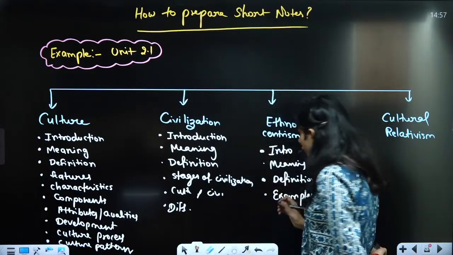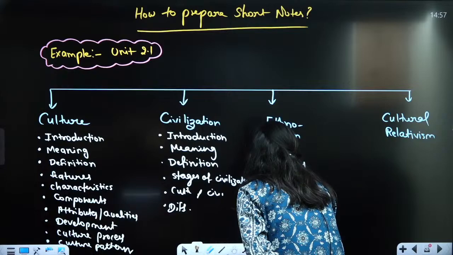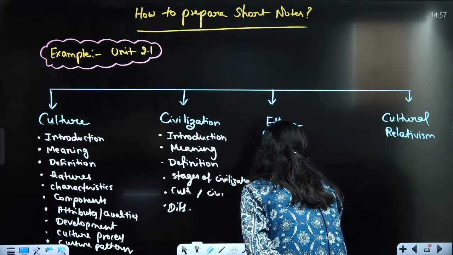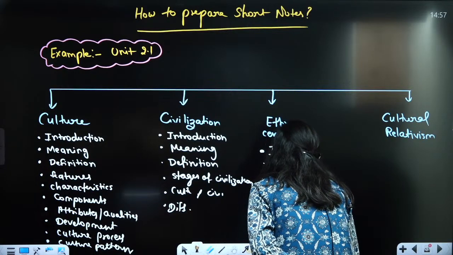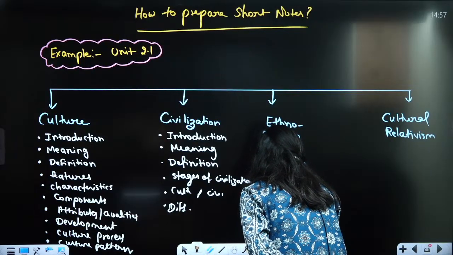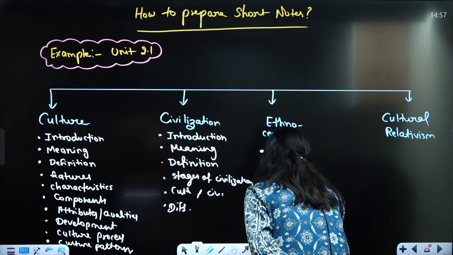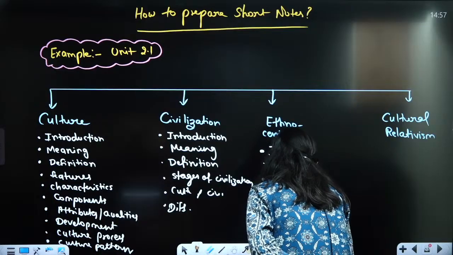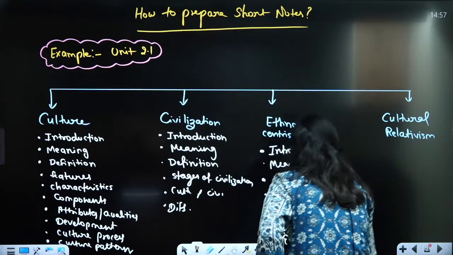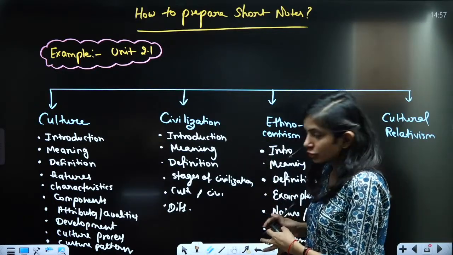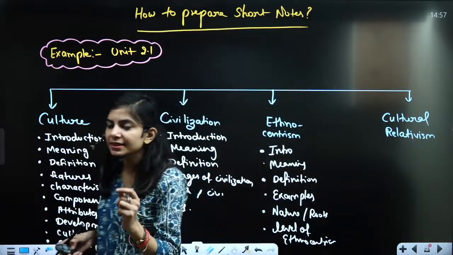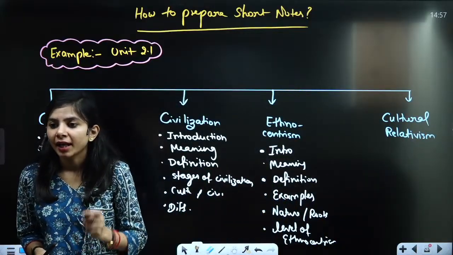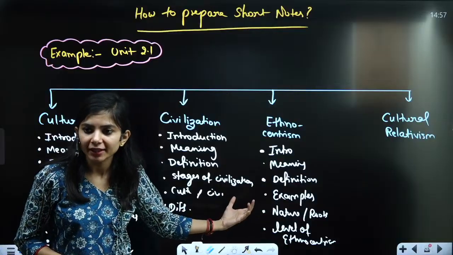It requires some sort of example. Then there should be the nature or roots of ethnocentrism. Then there should be levels of ethnocentrism. It should be defined here, so that I will get the basic idea that this is something that is missing in my notes, and I need some sort of material for that.